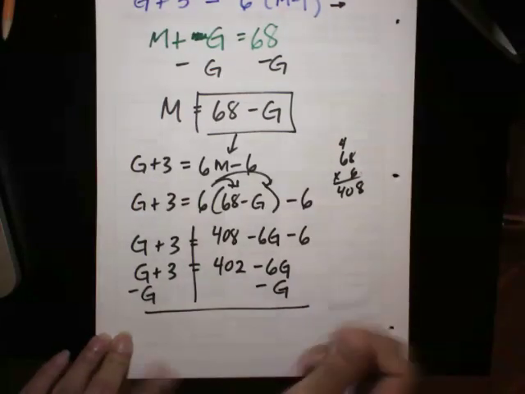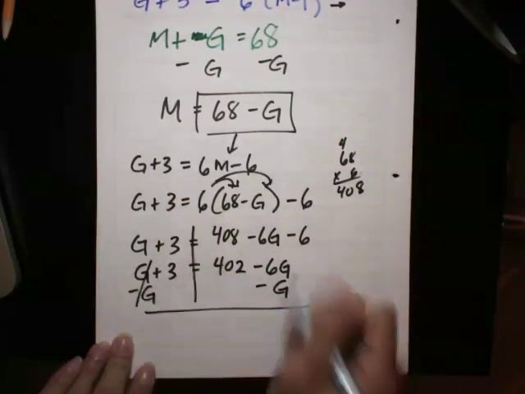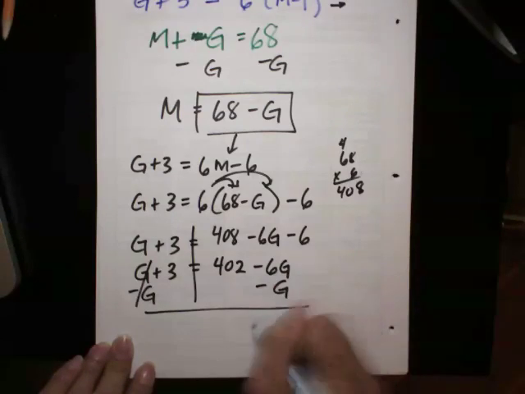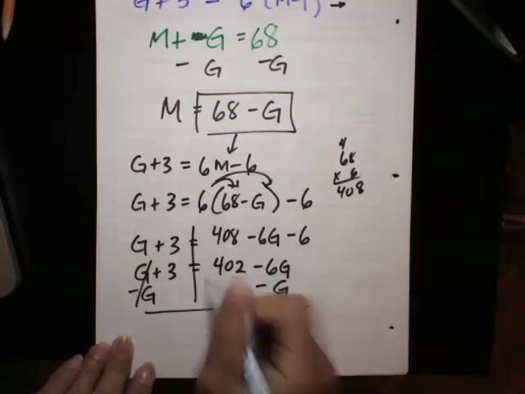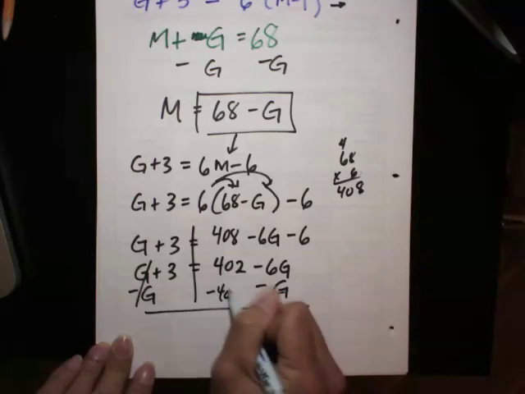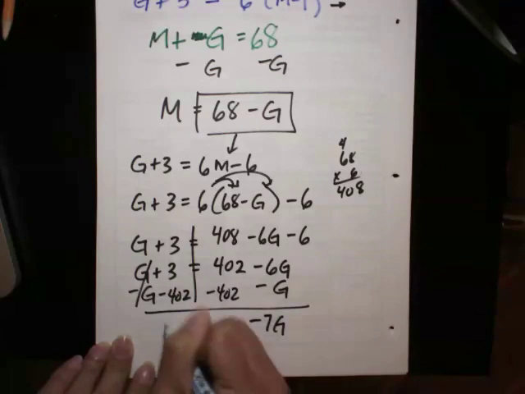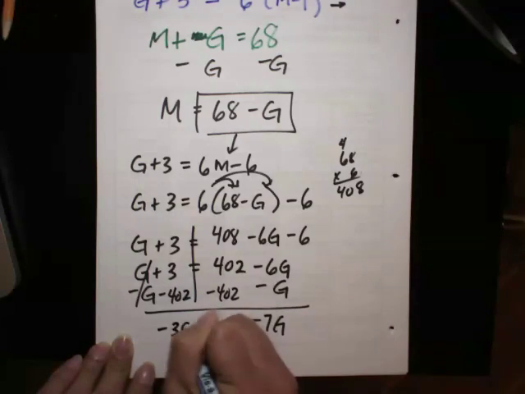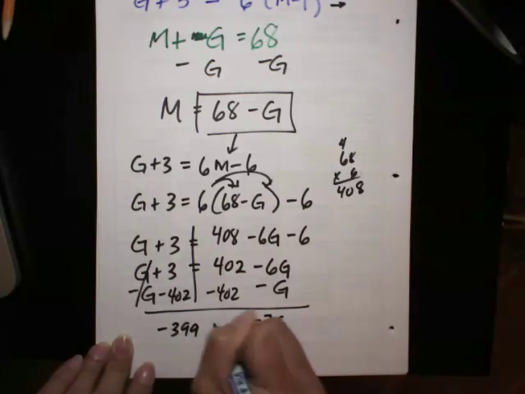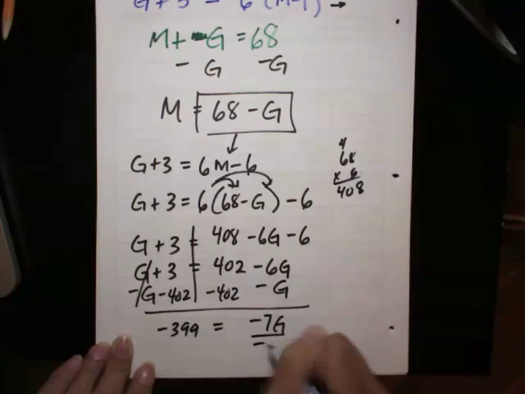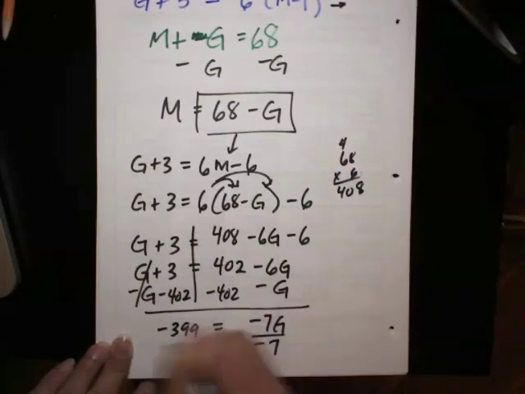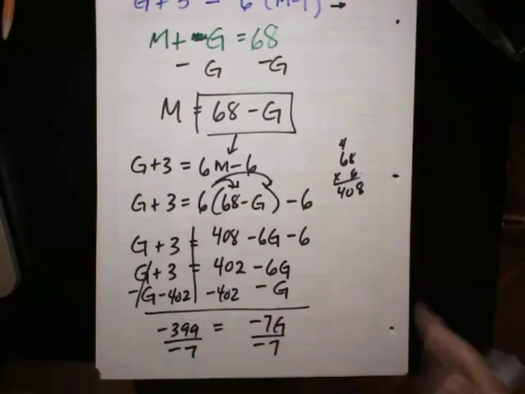Okay, and that means that 6g minus another g, I have minus 7g. And I'm going to subtract 402 from here, subtract 402, and that will be negative 399. Will be equal to a negative 7g. I'm going to divide by 7. Divide by a negative 7, excuse me.